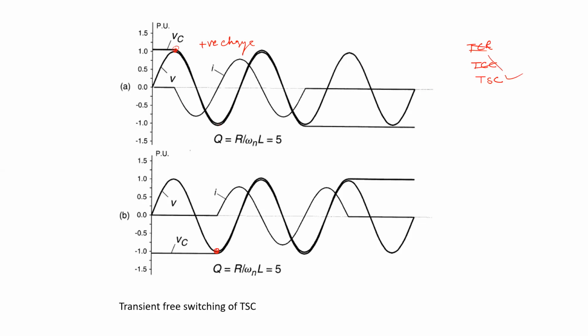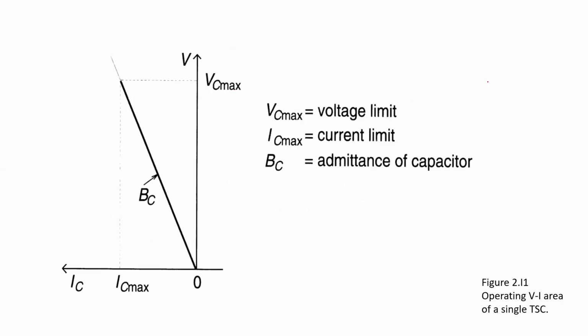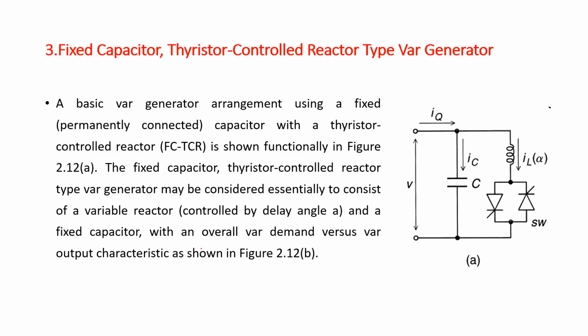Either it is going to conduct at its full capacity, or otherwise it will not conduct. So here there is no hatched area defined, so it is not a control area. Either it conducts to its maximum capacity or otherwise it will be zero. So this is the difference between the thyristor controlled reactor and the thyristor switched capacitor.